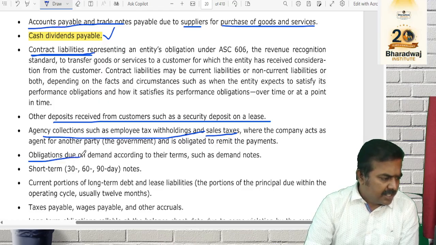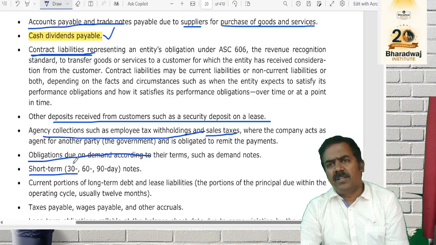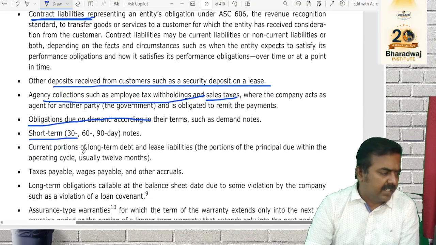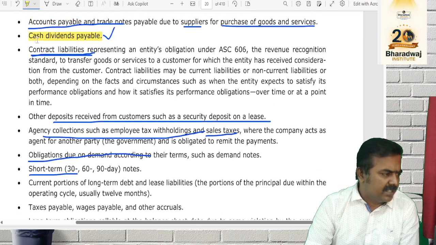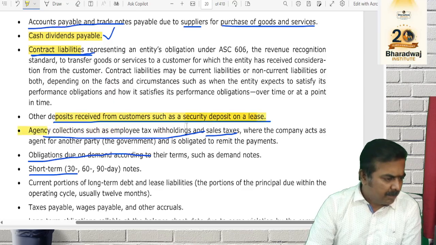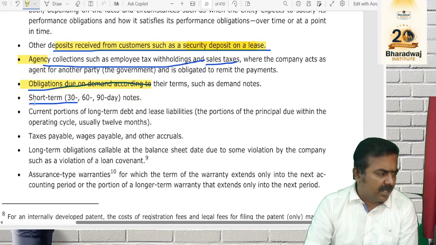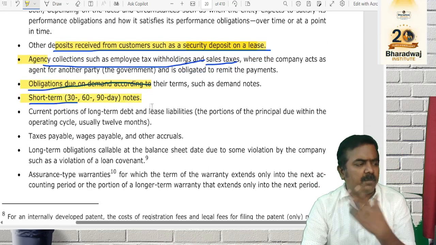Then obligations payable on demand, short-term notes like bills payable in 30 days, 60 days, 90 days like that. Next is what is most important. All these things you'll understand easily. Short-term notes also payable in short-term, you'll understand.